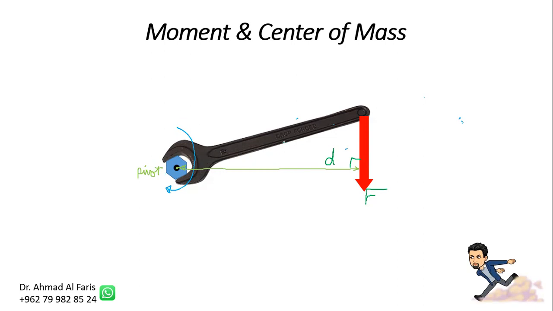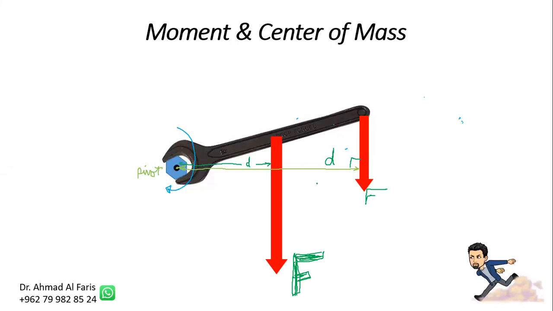But if I put my hand halfway along the spanner, do you think I will use a greater force or a smaller force? I will use a larger force. Why larger force? Because the distance in this situation is smaller to the pivot. Exactly, greater force. So what does that tell us?